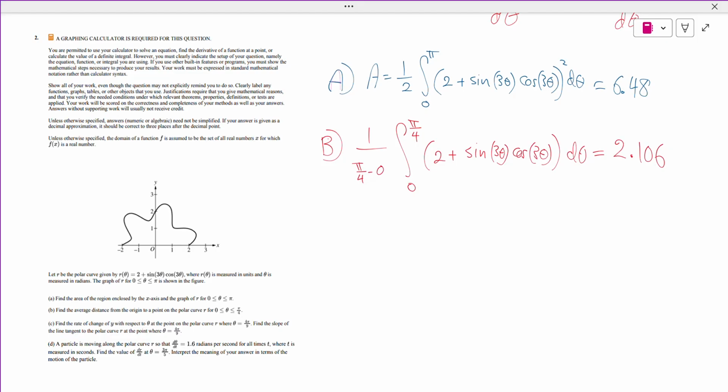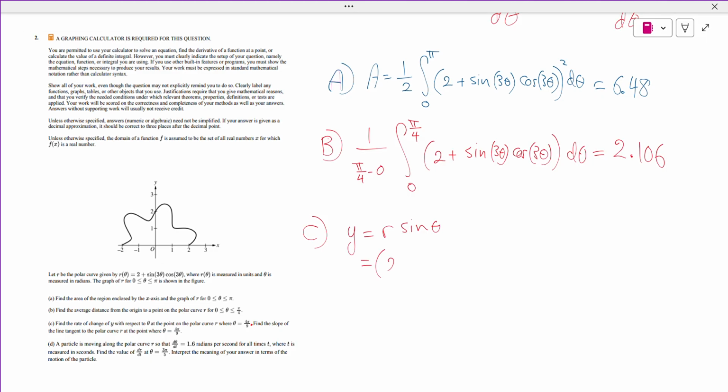Now, for part C: find the rate of change of y with respect to theta at the point on the polar curve r when theta equals pi over 4, and find the slope. There are two things you need to do in part C. Pay attention. First, we need to find the rate of change of y with respect to theta. We know that y equals r sine of theta, and r is given.